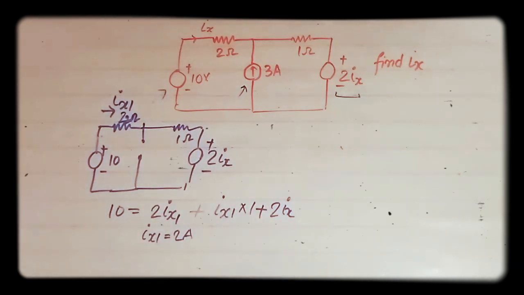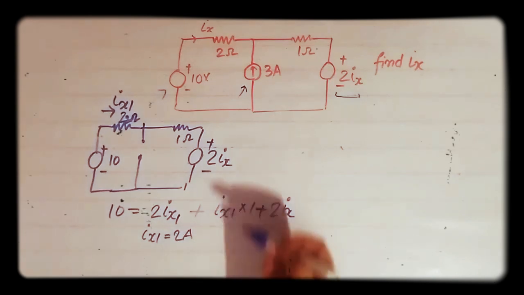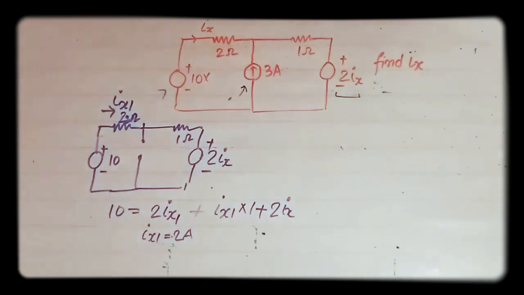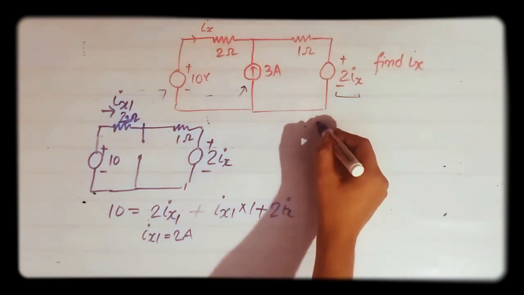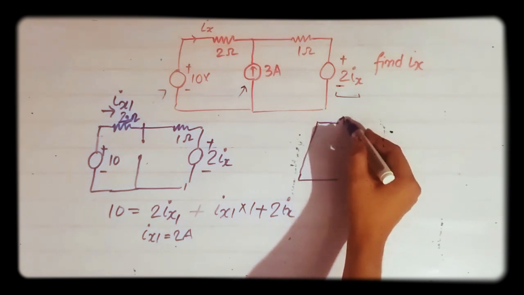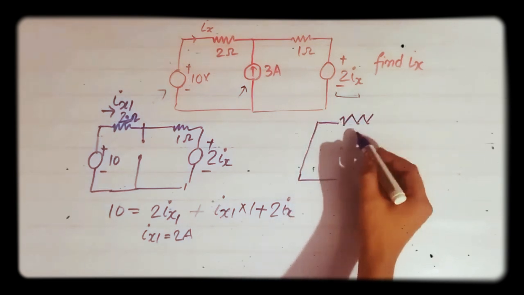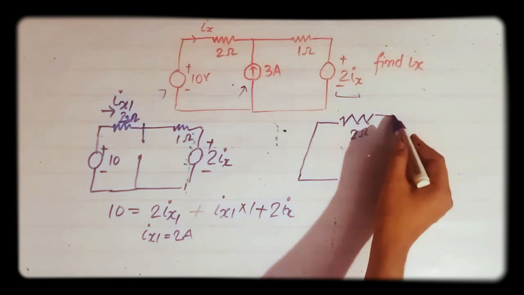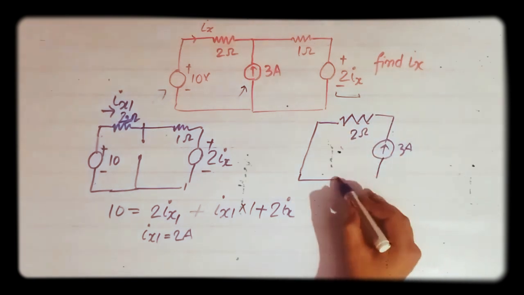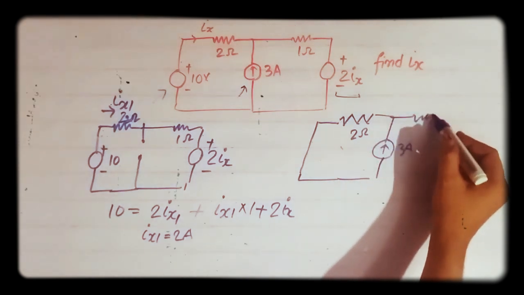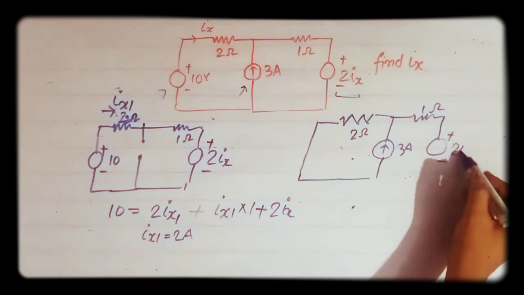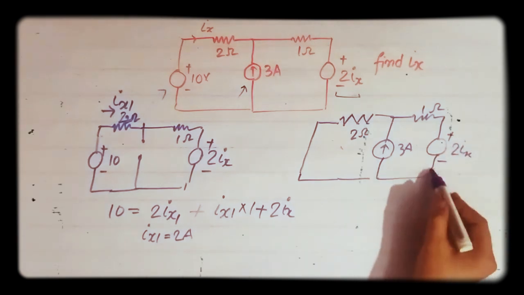Now take the 3 ampere current source. While taking this current source, we will short circuit the voltage source. Here is the 2 ohm resistance and the 3 ampere source.